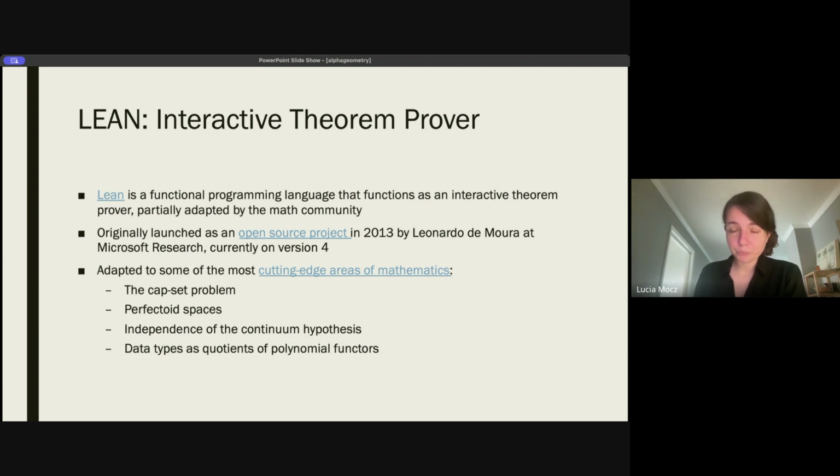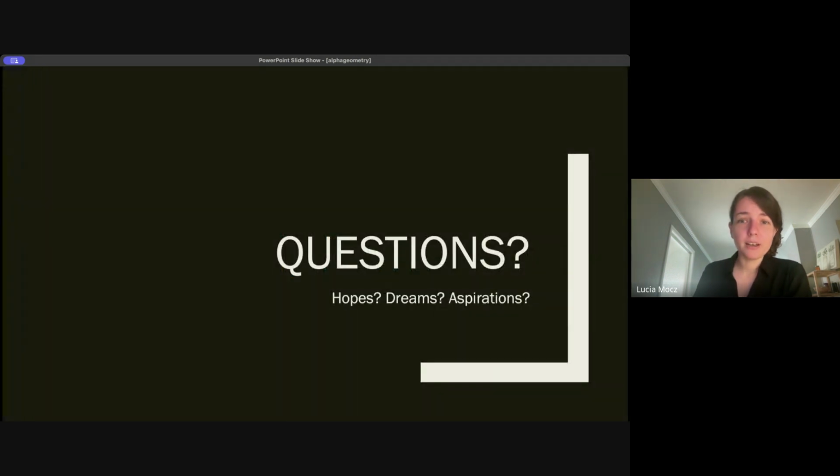So what would be very interesting would be to see how AI can be integrated together with Lean for theorem proving, for theorem verification, or even for generalizing theorems in a way that could be useful for research mathematicians. And I'm going to end over here and open the floor to any questions.